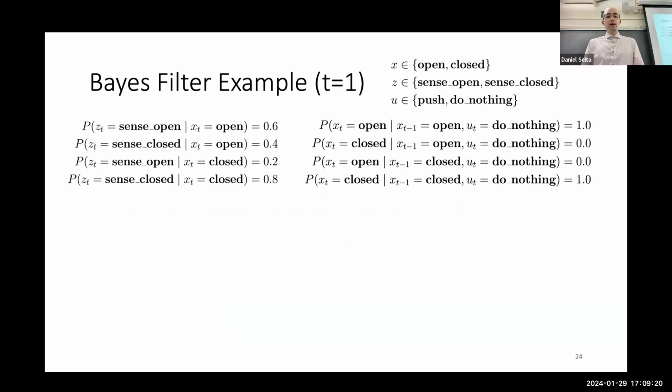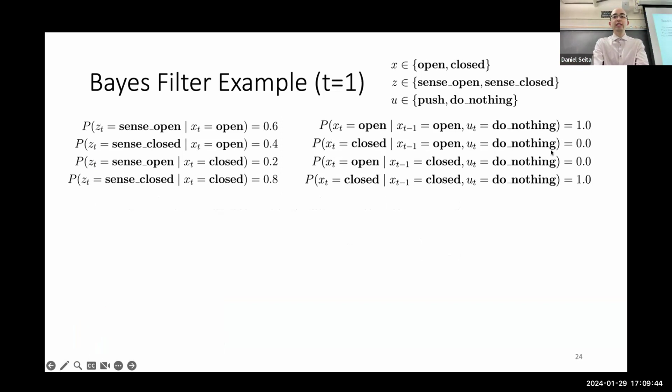All right. So now we're on the Bayes filter examples here. We've assumed an equal prior over the possible states at time t=0. These are the various probabilities that we recorded.